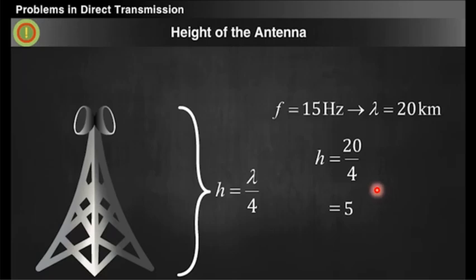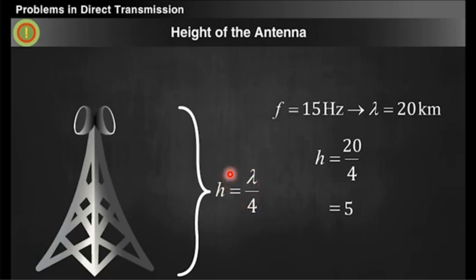The first problem is the height of the antenna. In any communication system, we need an antenna for effective transmission of a signal. The height of the antenna should be at least 1/4 of the signal wavelength.